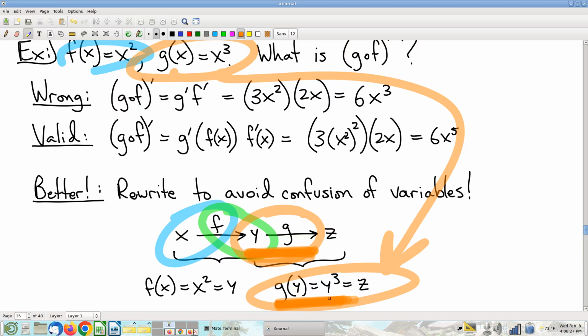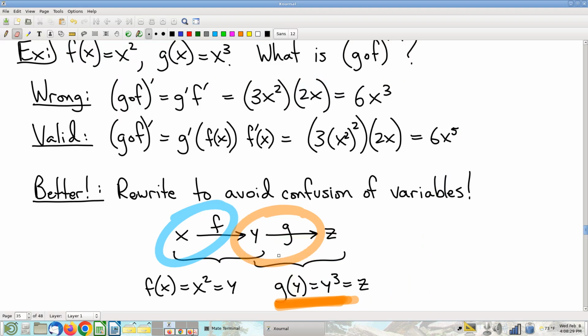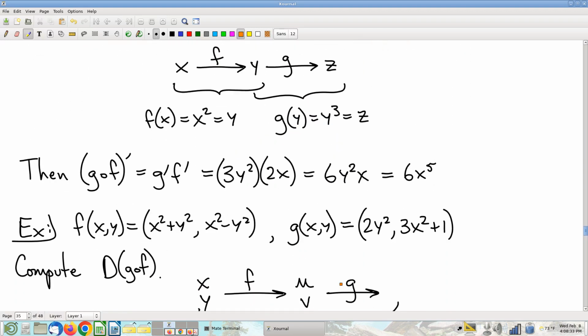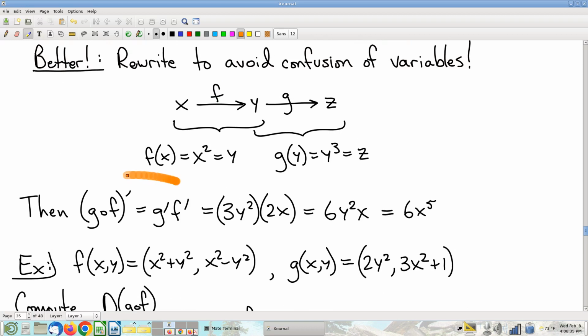But having written it this way, I have avoided my confusion of variables problem, and now look how easy the derivative is. It's just a matter of, okay, there's your chain rule, be as sloppy as you like. Derivative of composition, product of the derivatives. I'm not even going to worry about where we're evaluating it. The notation is going to keep track of that for me. g prime, 3y squared. Fine. f prime, 2x. Fine. Multiply those, 6y squared x.